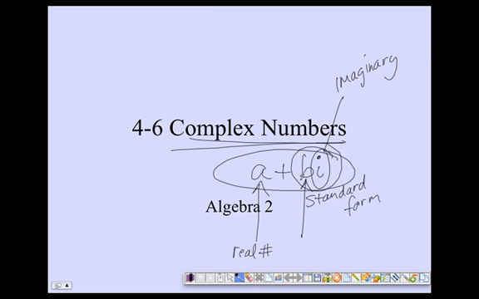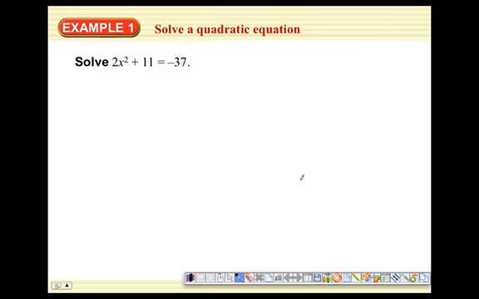They use imaginary numbers to measure electricity. Quantum physics, I don't know much about quantum physics, but all I know is they use imaginary numbers. So they actually do have uses for imaginary numbers. You wouldn't think so because they call them imaginary, but they do have uses.